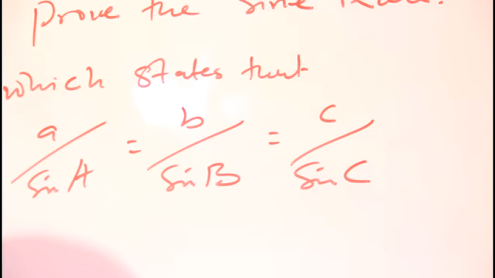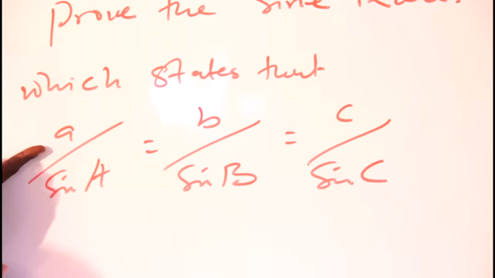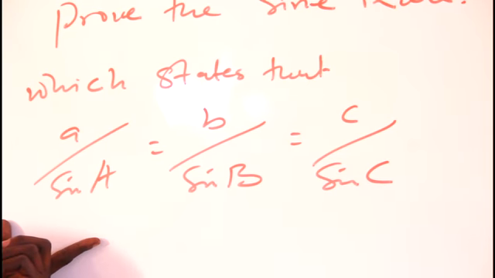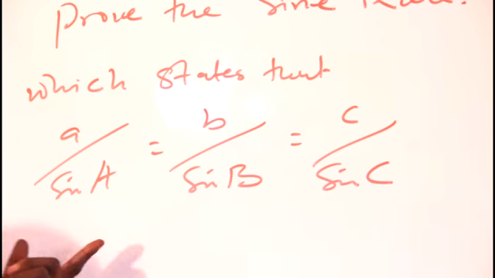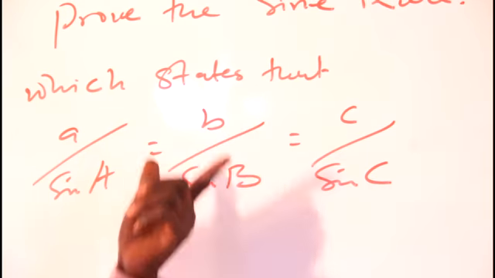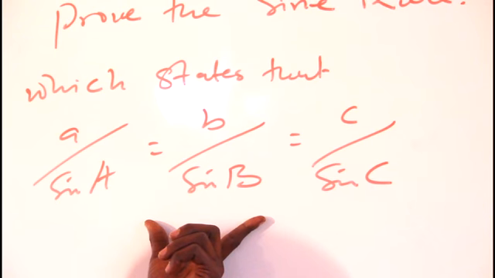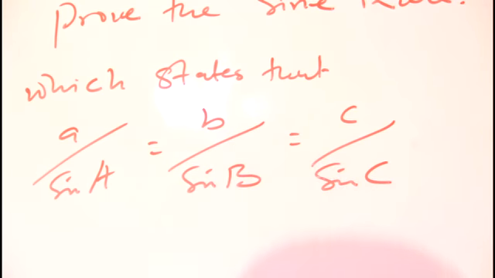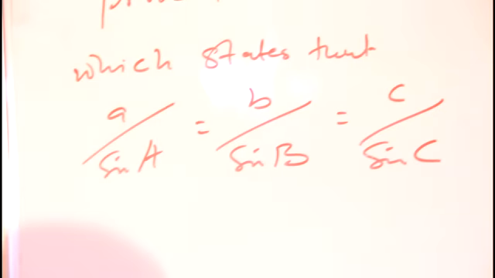So side a over sine of the angle A is equal to side b over sine of the angle B, being equal to side c over sine of the angle C.